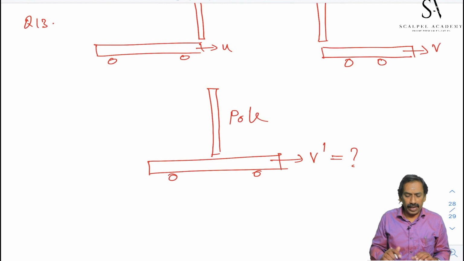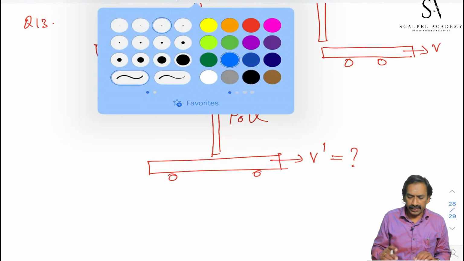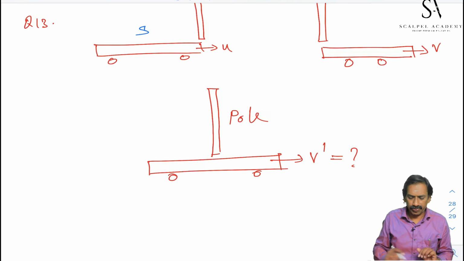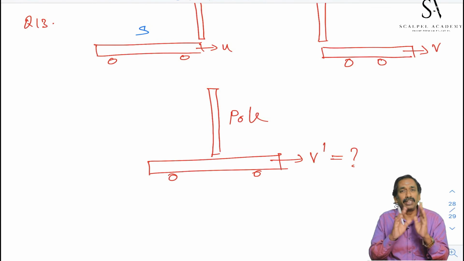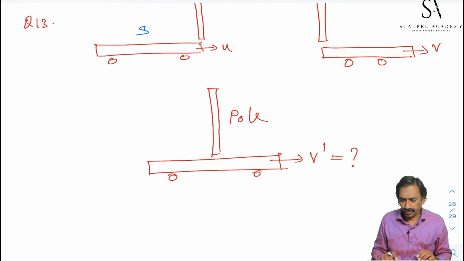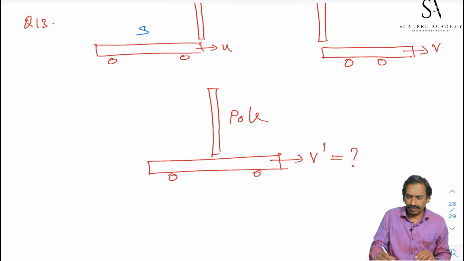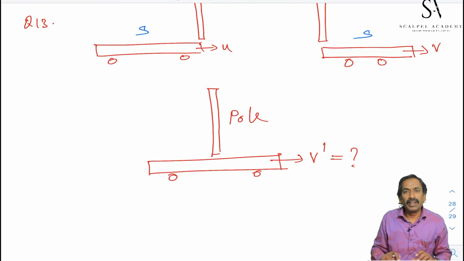Okay, I want to take the length of the train as S. When the last compartment crosses the pole, the displacement of the train is S. When the middle compartment crosses the pole, the displacement is S by 2.